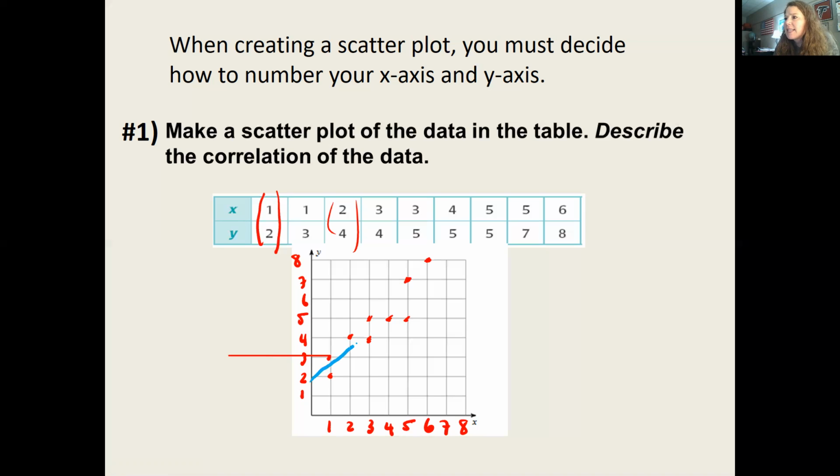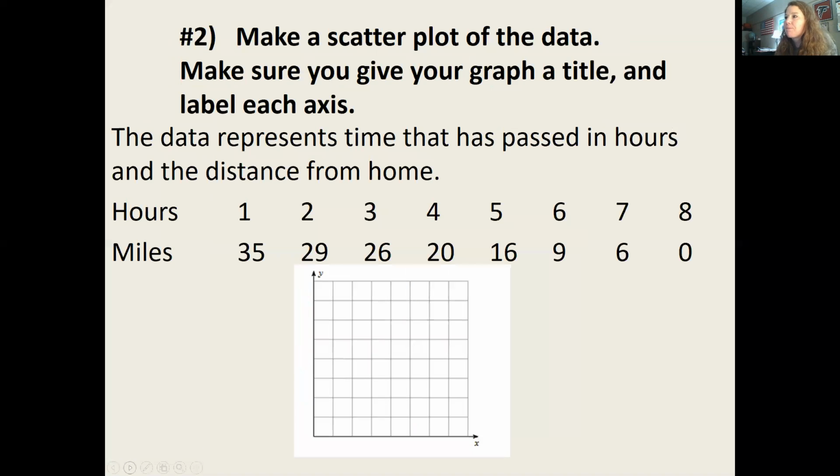So I would say that this is probably a little low because there's more dots above the line. If I had to do it again, I'd use a ruler and I would make that line a little bit higher because you want about the same amount above and below the line, but it definitely has a positive correlation.